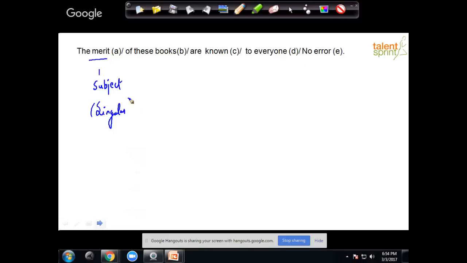So I hope you're following what I'm trying to say. If this is a singular subject, no, I need a singular verb. Is. Subject-verb agreement. Right? Remember, when it comes to subject-verb agreement rules, there are lots of rules. Yes, you change are to is, the error is in part C.